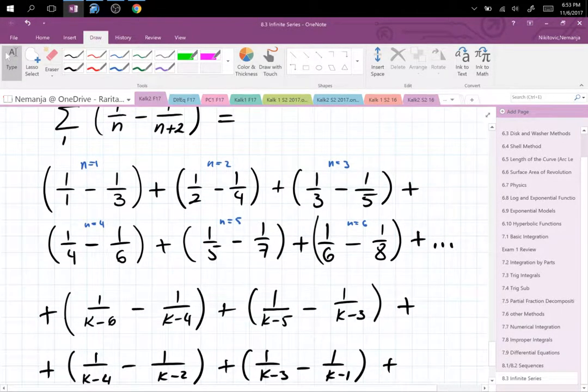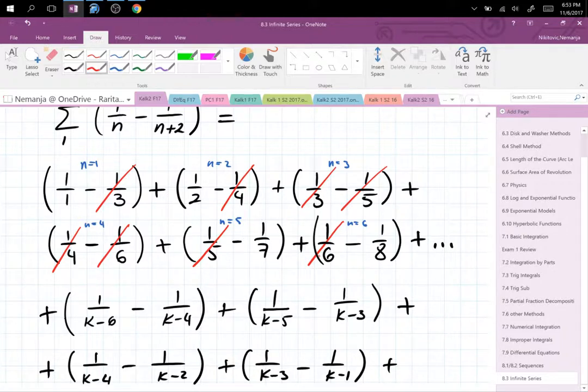Let's see what we can do. Note that negative 1/3 and positive 1/3 cancel. Negative 1/4 and positive 1/4 cancel. You have a negative 1/5 and positive 1/5. Negative 1 over 6 and positive 1 over 6. So I hope you see that this and this canceled both of their terms.